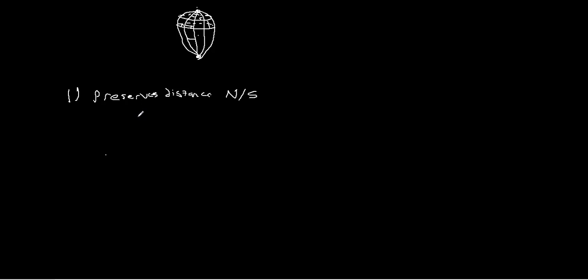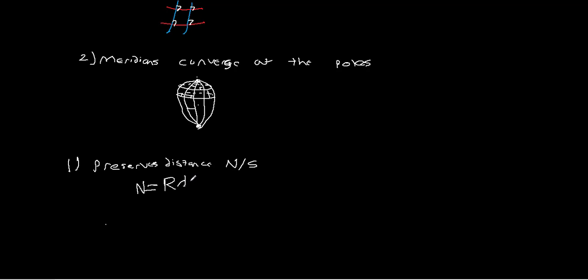So we already know that our northing, our north-south coordinate, is simply going to be r, which is the radius of our reference globe, times theta, which is our latitude. We've already discovered this.